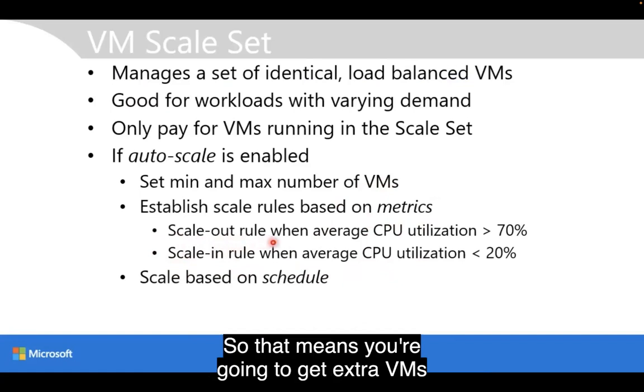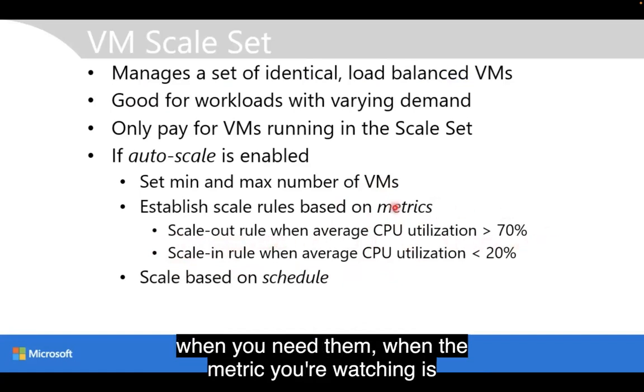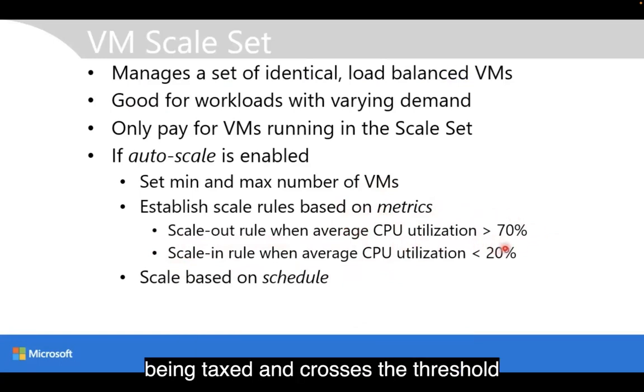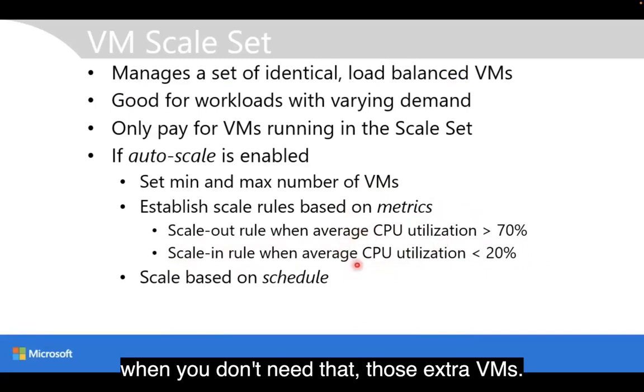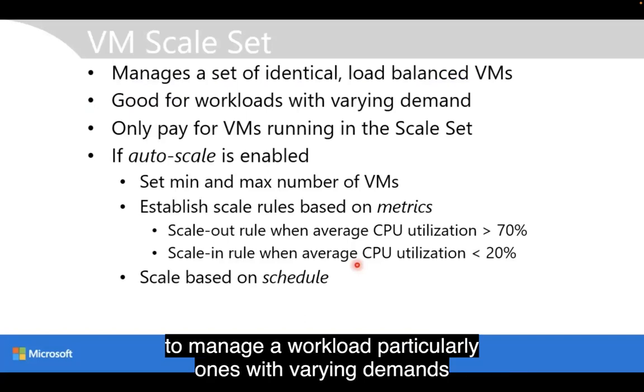So that means you're going to get extra VMs when you need them, when the metric you're watching is being taxed and crosses the threshold, and the scale set will scale in when you don't need those extra VMs. So scale sets can be a very effective way to manage a workload, particularly ones with varying demands in Azure.